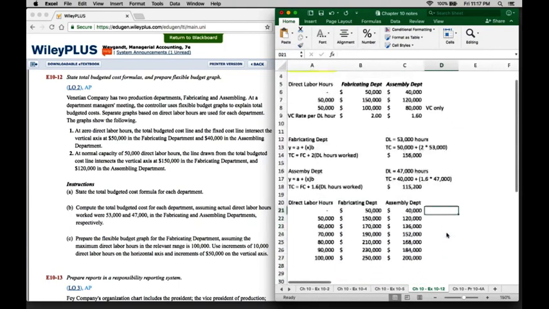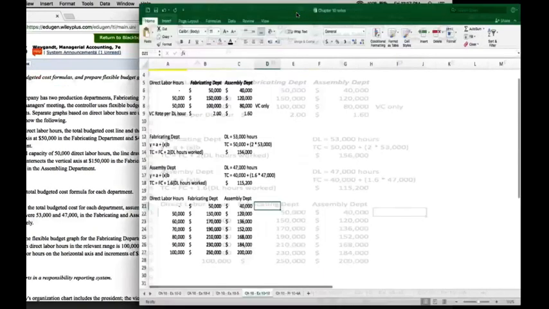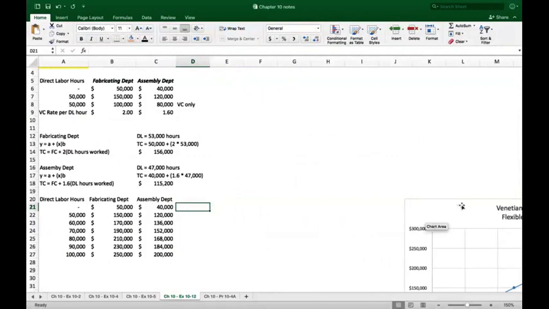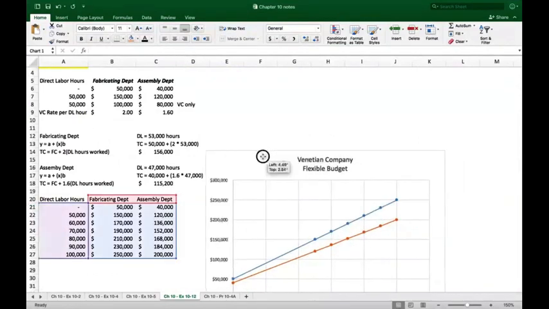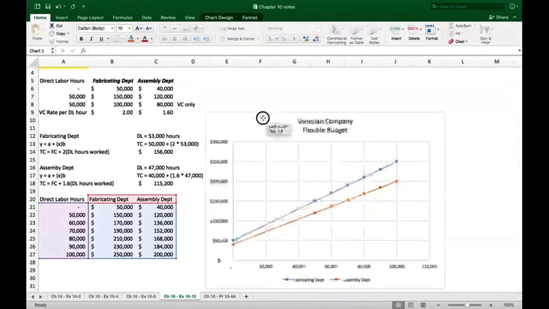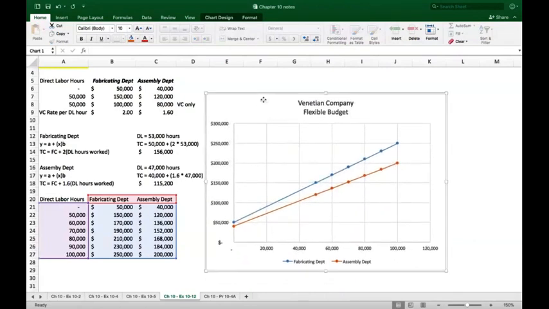Okay. Now that I have this, I'm going to expand my Excel spreadsheet so I can show you what I have set up over here. Okay. In Excel, it is really easy to set up graphs. Now in the problem they told you for presentation purposes they do separate graphs for the two departments.